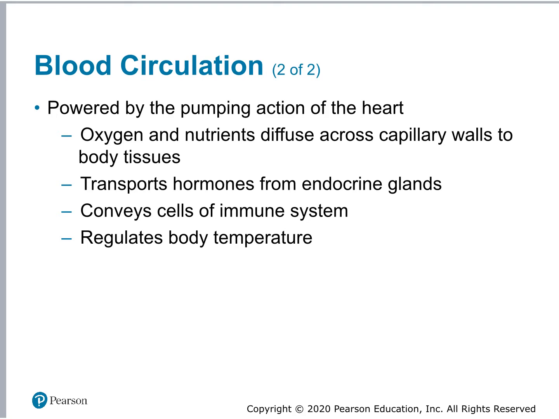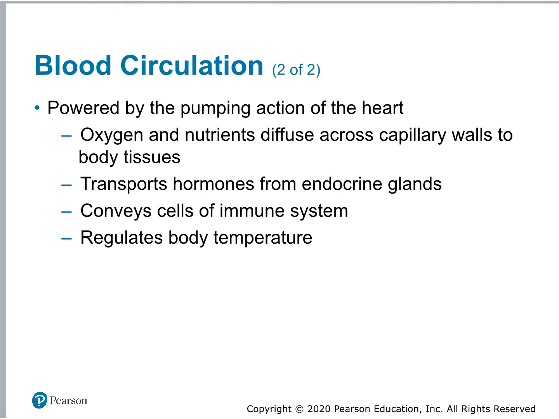For example, on this PowerPoint talking about the pumping of the blood, the cells of the blood cannot move on their own, so they need something to propel and move the cells. And fluids move according to a pressure gradient, and what creates the pressure gradient is the heart. Whenever the heart muscle contracts, it builds up pressure and then it pushes blood into the pulmonary and the systemic circulations.